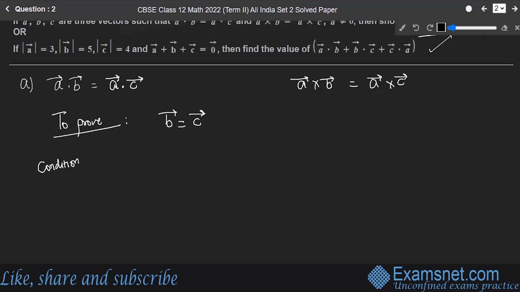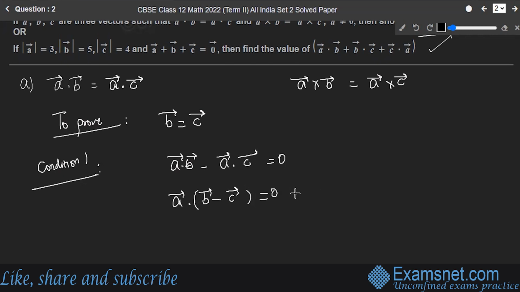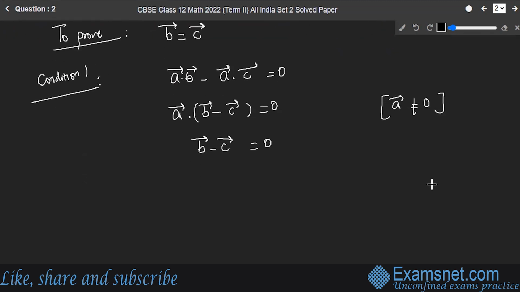First, A dot B vector minus A dot C vector is equal to 0. I'll take A common. So A dot (B minus C) vector is equal to 0, which means that B minus C vector is equal to 0, because you are given over here that A vector is not equal to 0. Correct? Okay. So if this is 0, then it simply means B vector is equal to C vector, hence proved, right?